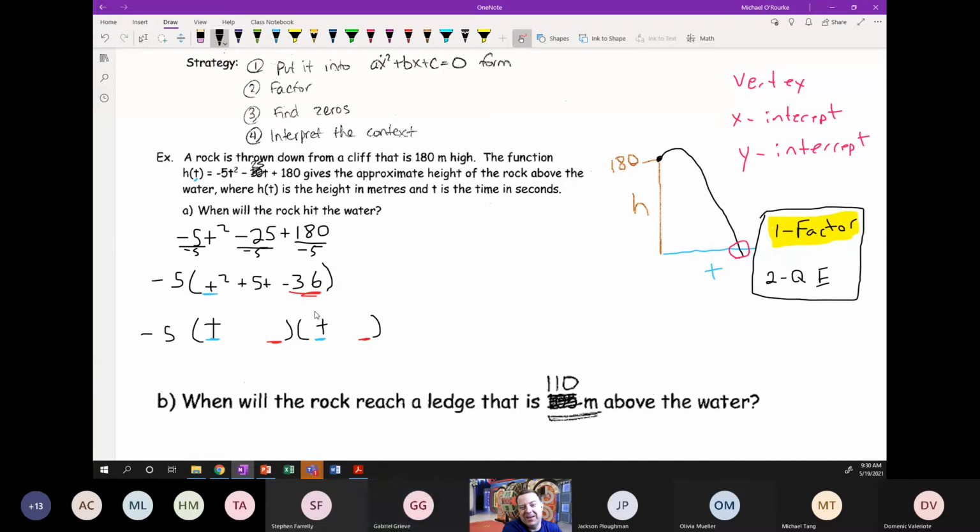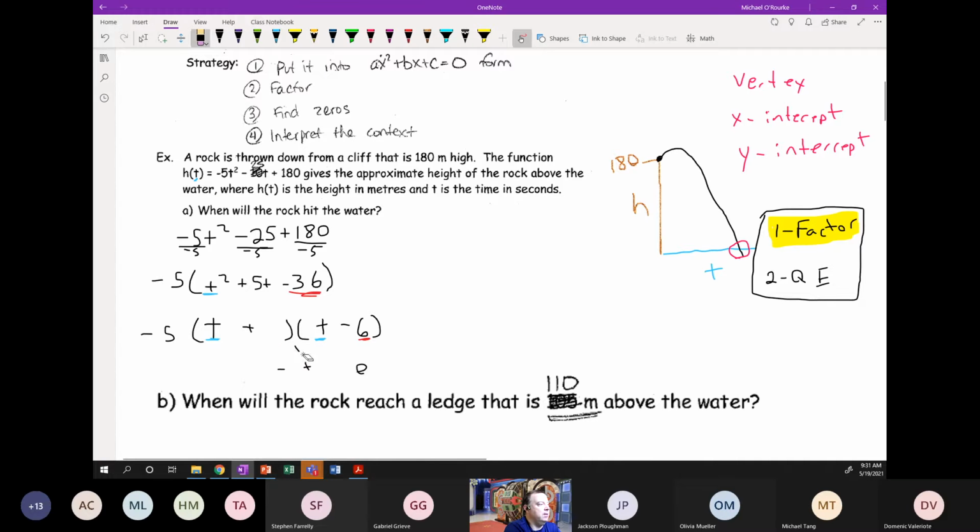That's what I think. It's not 6 and 6, because remember, they have to add up to be this 5. If we put 6 and 6 in here, one has to be a plus and one has to be a minus, so those are going to equal 6t and negative 6t, which equals 0.